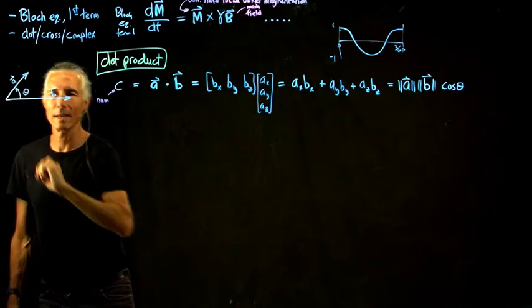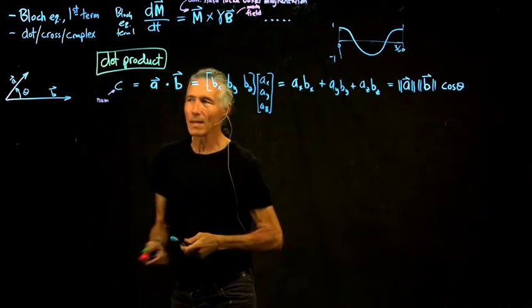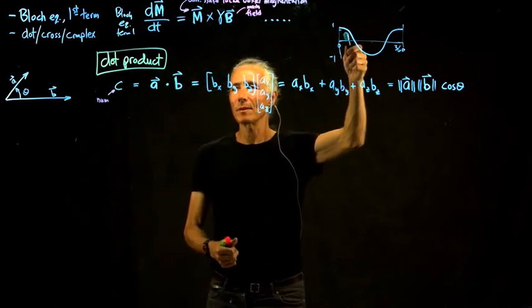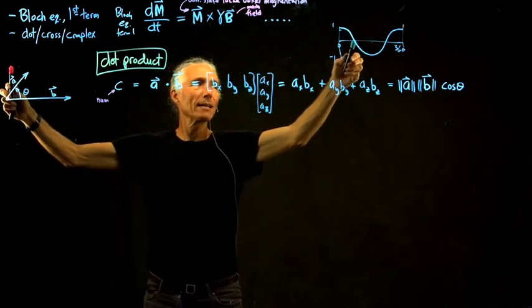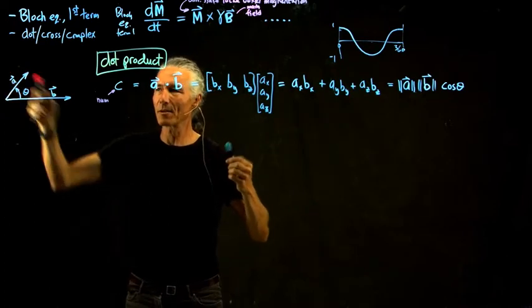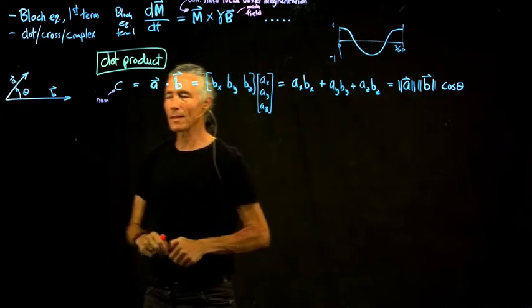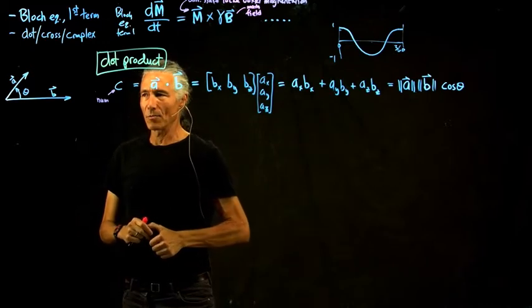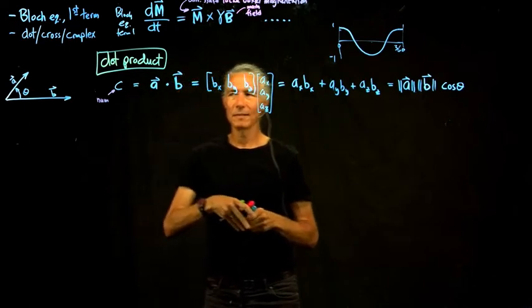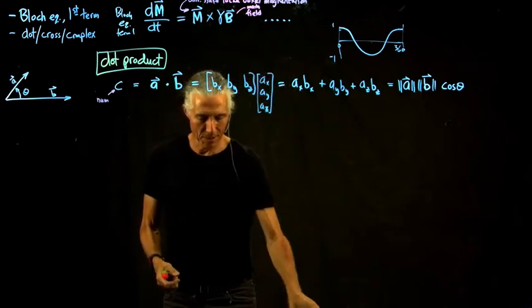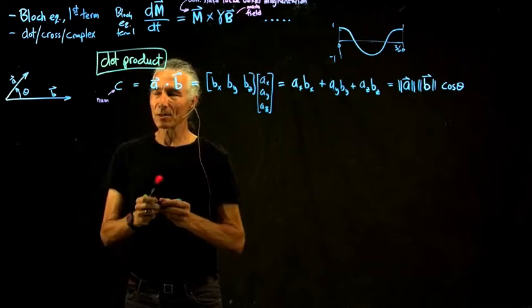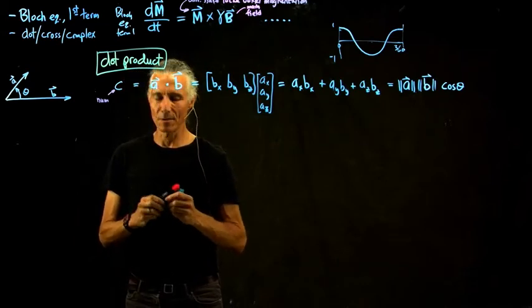If the angle is 0, so they're lined up with each other, then you get the biggest number. If the angle is 90 degrees or 270 degrees, so if they're perpendicular to each other, then the answer is going to be 0. So the dot product is 0 when they're perpendicular, and it's greatest when they're parallel. It's related to the idea of correlation. It measures how similar two vectors are to each other.